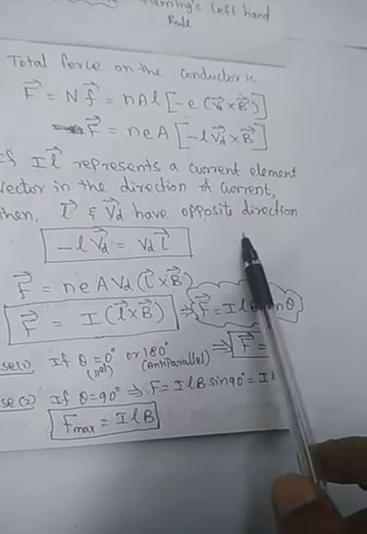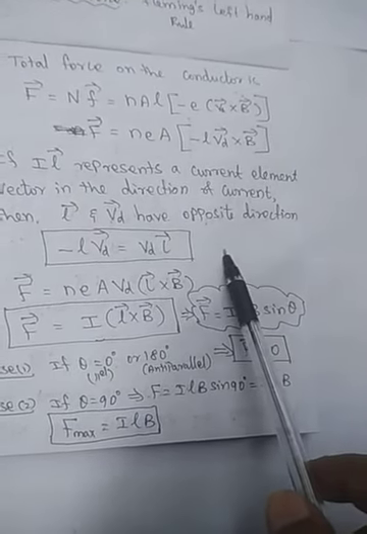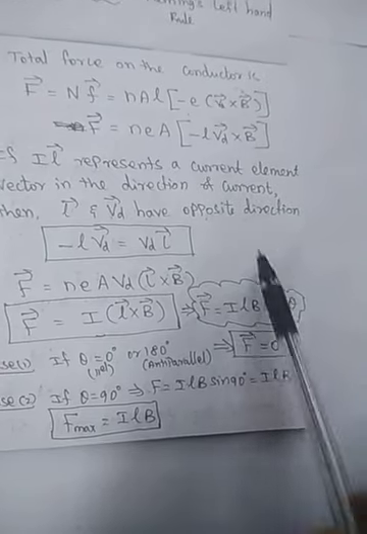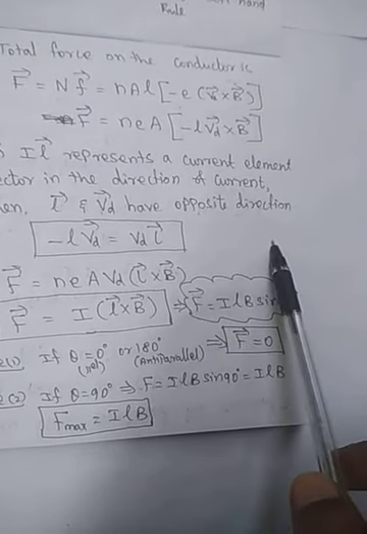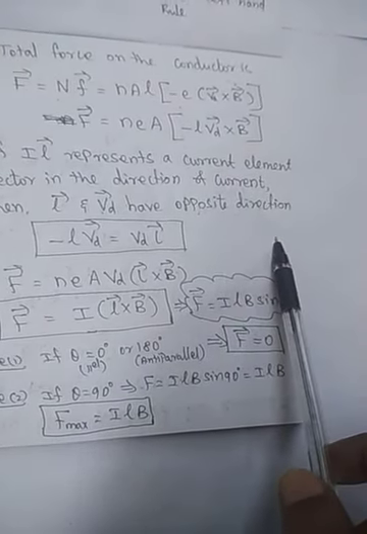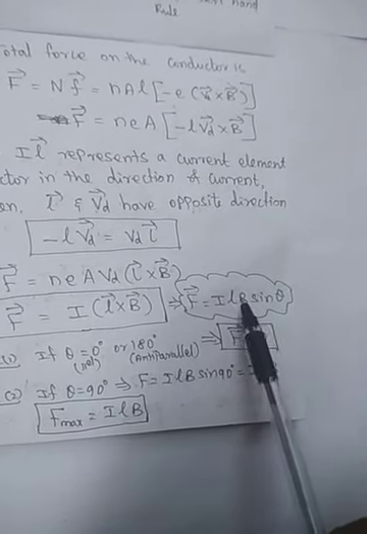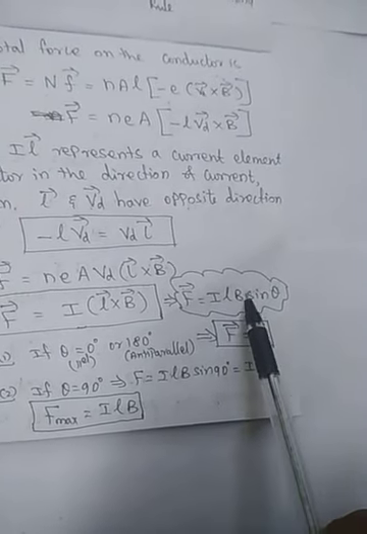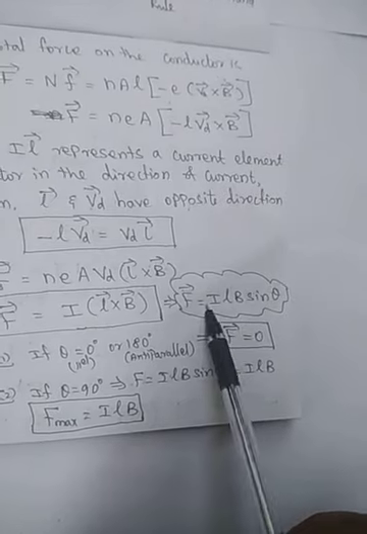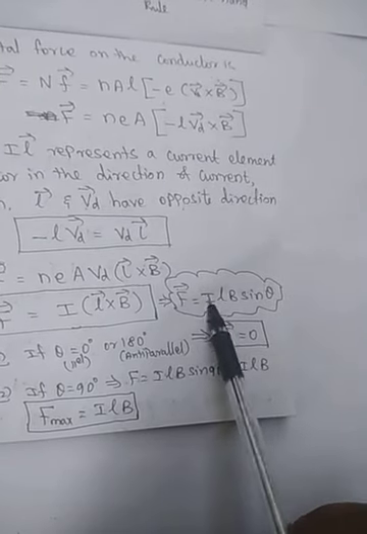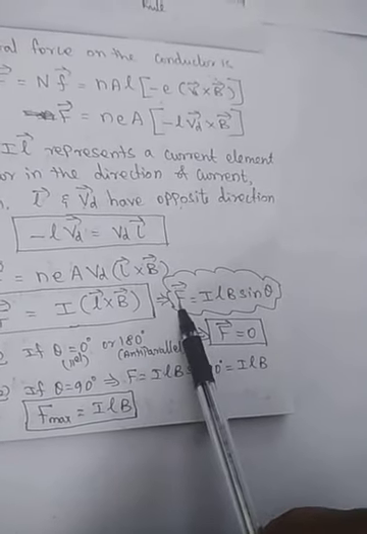There we had F equal to q v B sin theta, where q is the charge; here I is the current. If the current I flows through the elemental length L in a magnetic field, and the current element and magnetic field are perpendicular to each other, this force is maximum.